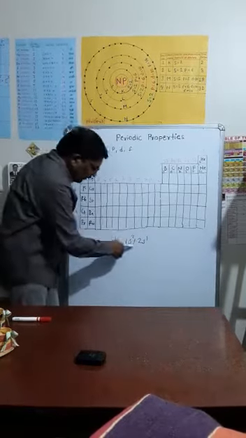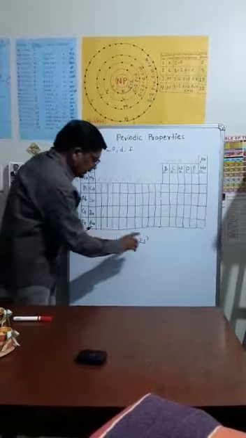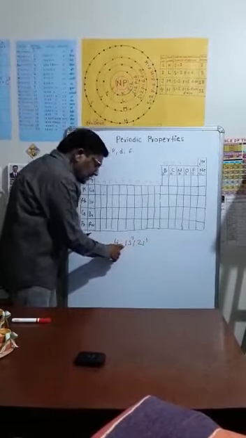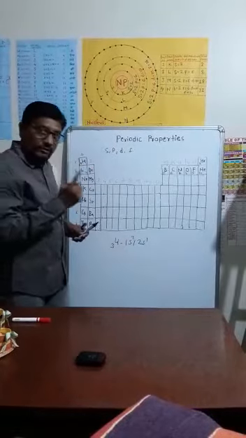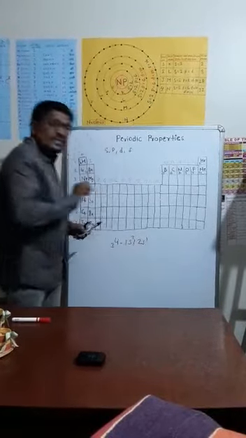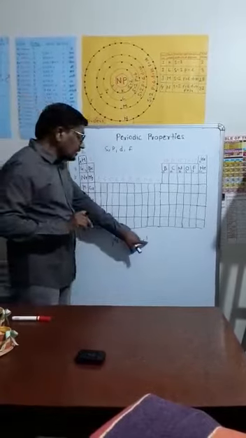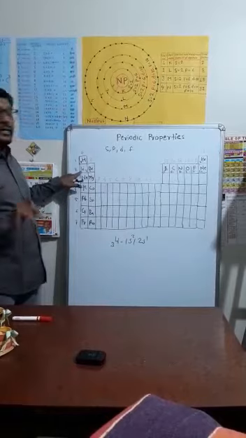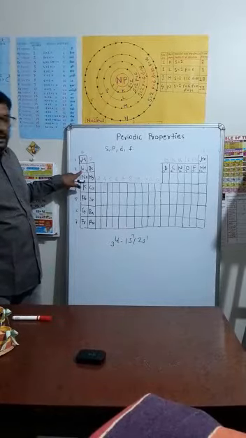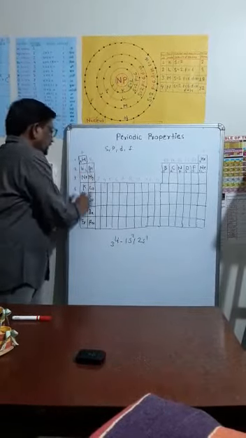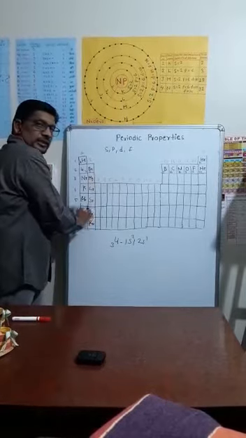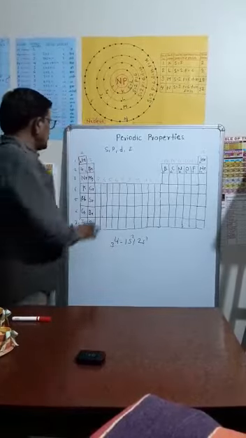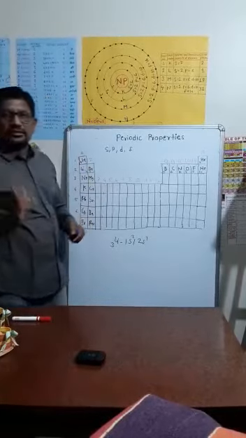This indicates that 2 electrons are present in the s orbital of the first shell and the remaining 1 electron is present in the s orbital of the second shell. Here the last electron enters the s orbital. Therefore, these two series are known as S block elements.